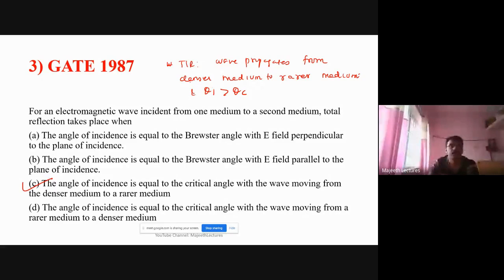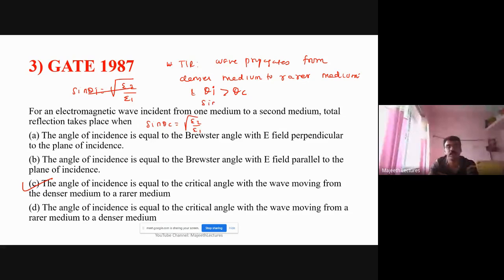Clear. So we know sine theta C is epsilon 2 by epsilon 1. So first I write this. Sine theta C is epsilon 2 by epsilon 1. Theta I must be greater than the critical angle.